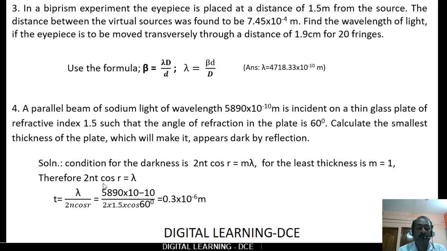On rearranging the above formula for finding the thickness of the plate, t equals lambda by 2n cos r. Here lambda is given as 5890 into 10 to the power of minus 10, upon 2 into n, the refractive index of the given medium, that is the glass plate, 1.5, into cos r. r is the angle of refraction, 60 degrees.